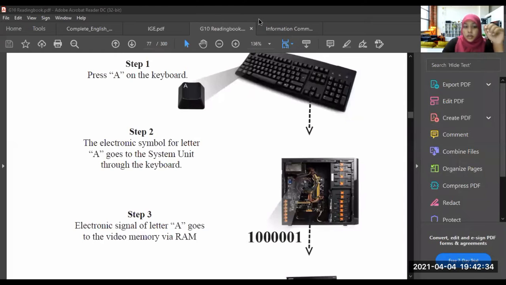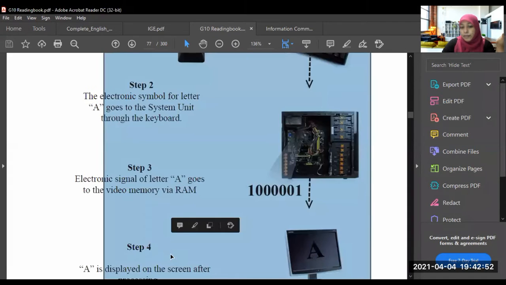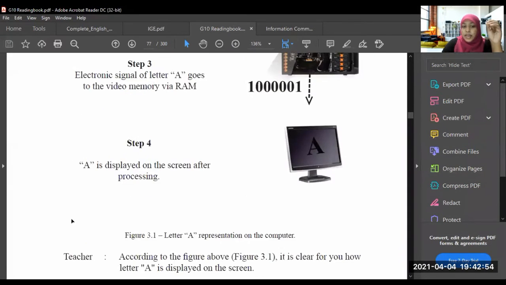So the electronic symbol for letter A goes to the system unit through the keyboard. Then in step 3, the electronic signal of letter A goes to the video memory via RAM. Step 4, A is displayed on the screen after processing.